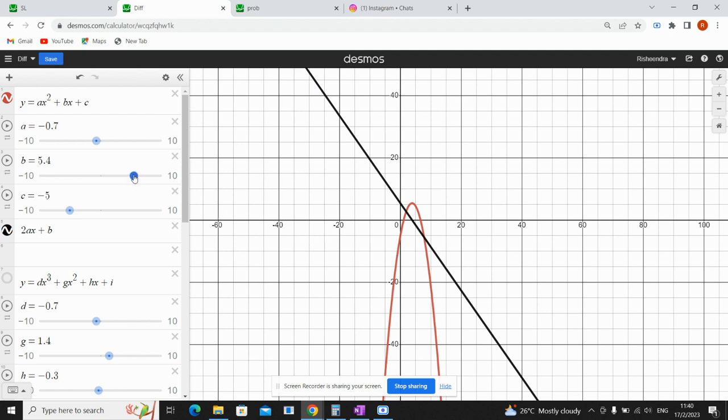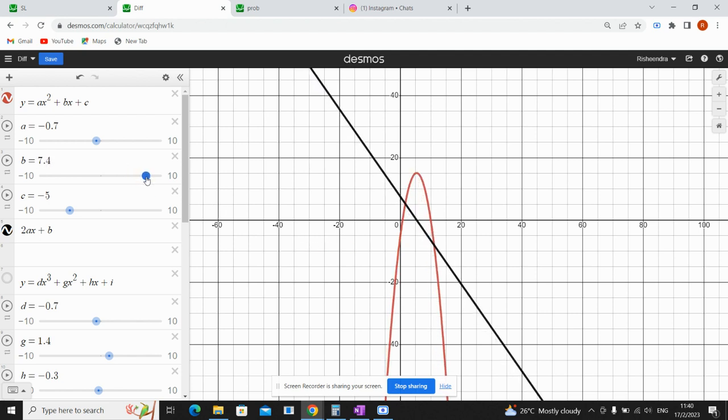I'm having a negative a value and a b value. The parabola has been reversed, and look at the differentiated equation of the parabola. You can see the parabola is increasing up to the maximum height, which means it has a positive slope up to the maximum point.